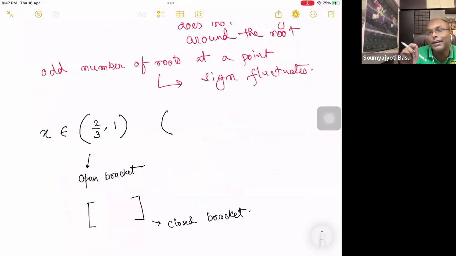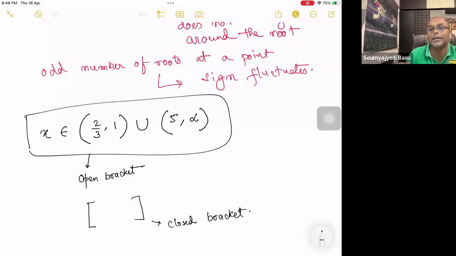Because you can never make a number equal to infinity. So x is also (5, infinity). And since both these regions are included, we put a U sign over here. It means union of these two regions.